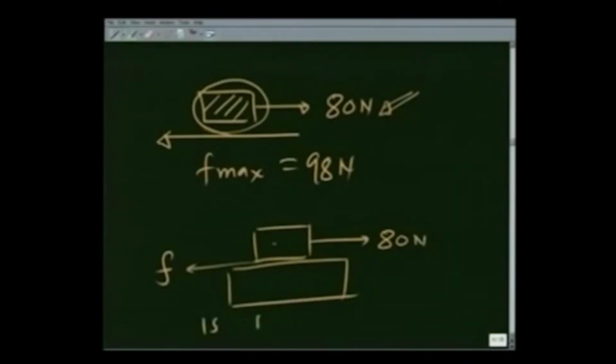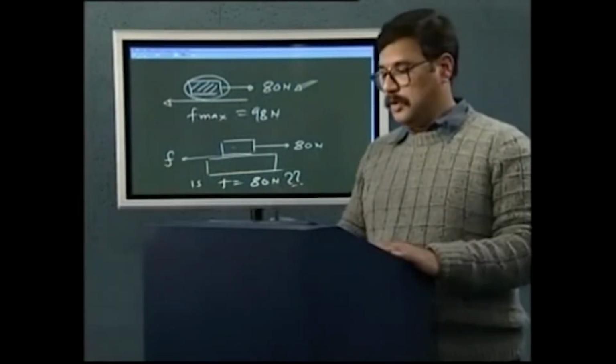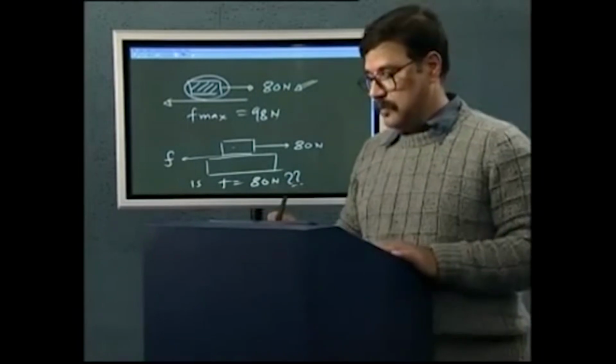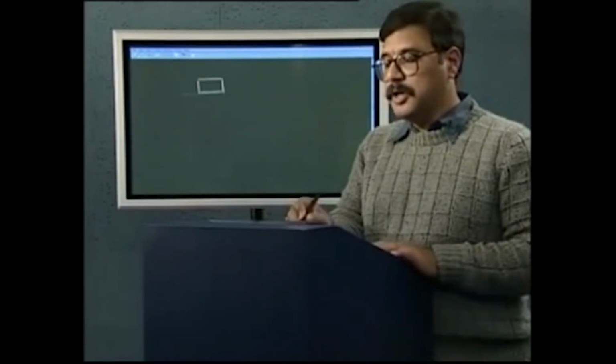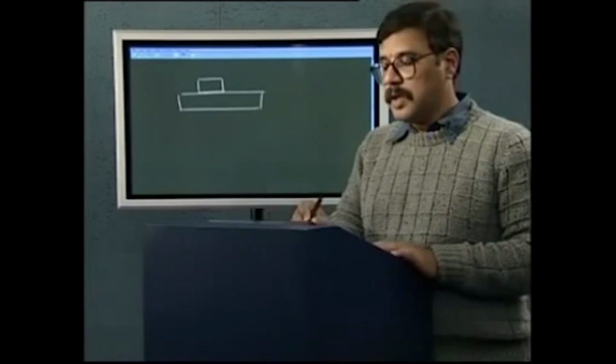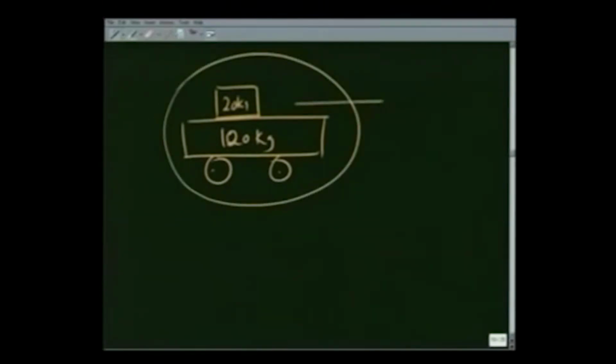Is F equal to 80 newtons? The answer is obviously no. You can see it in two ways. First, if I consider the trolley and the mass, 100 kgs together, then on this entire system there is a net force of 80 newtons.